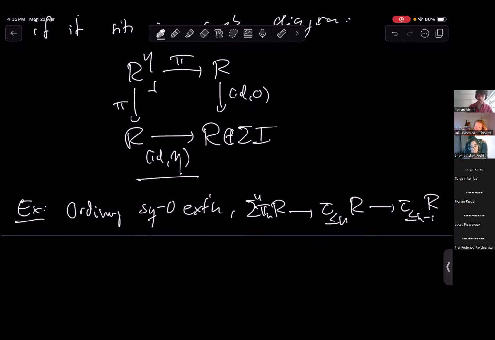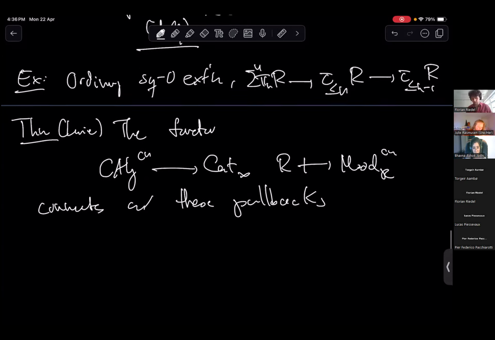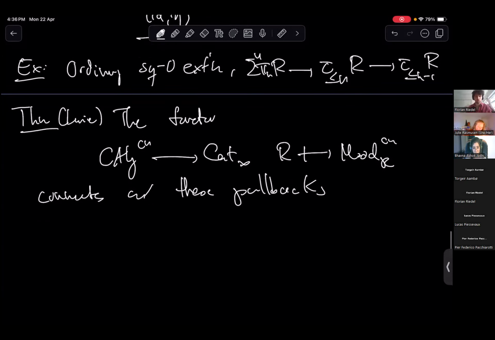This is, by the way, the reason I have to say connective all the time in this deformation theory story. It's wrong if you don't say connective. This functor commutes with these pullbacks. The pullbacks that I drew above are called small pullbacks, doesn't matter.